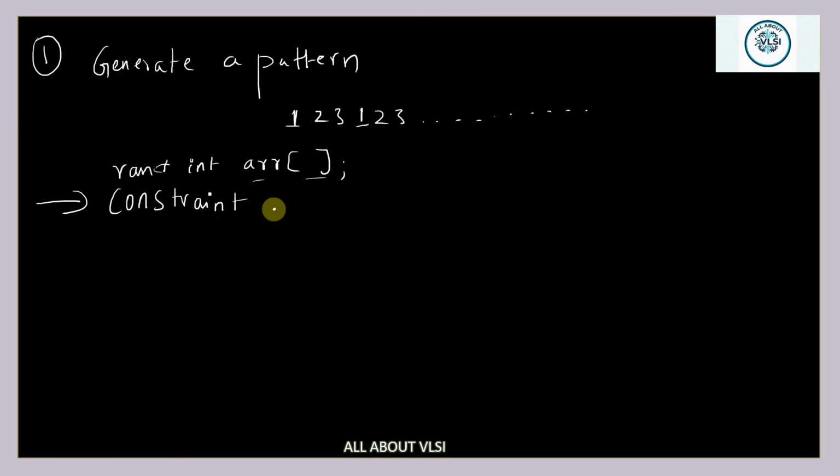In our previous sessions we have seen size related questions. So let's say the size of the array is 10: ARR dot size is equal to 10.